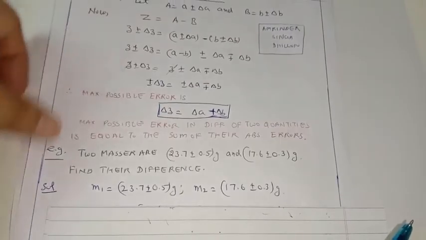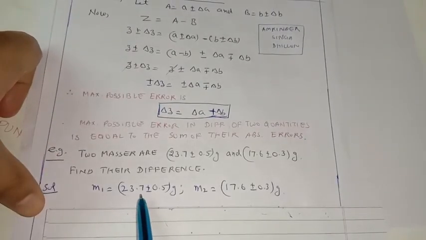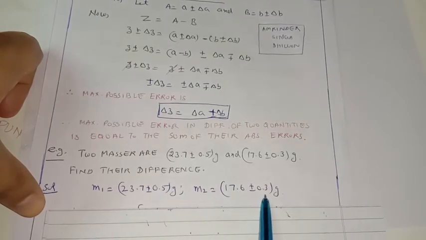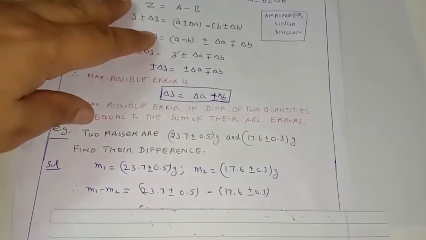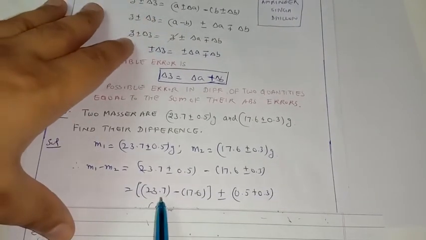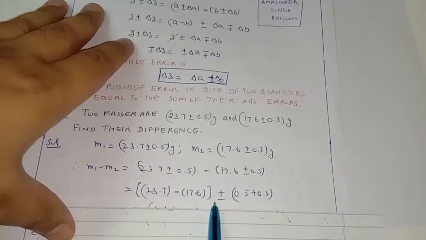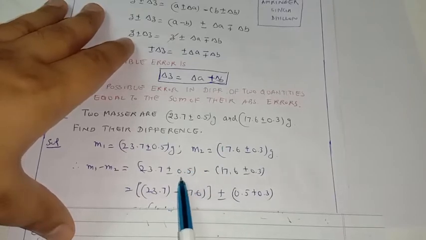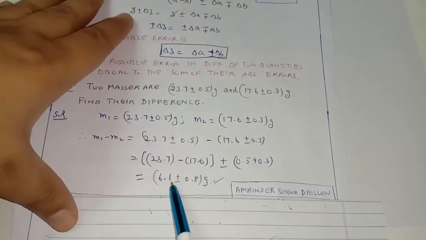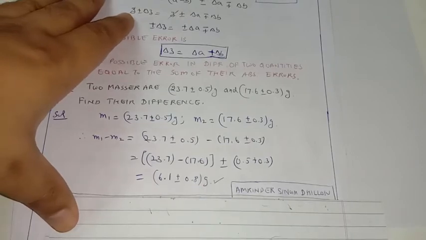So we can write M1 equal to 23.7 plus minus 0.5; this is A, this is delta A. M2 is 17.6 plus minus 0.3 gram; this is B, this is delta B. So the difference will be M1 minus M2, which is 23.7 minus 17.6 plus minus, remember absolute errors always add up, 0.5 plus 0.3. That means the final result will be 6.1 plus minus 0.8 gram.